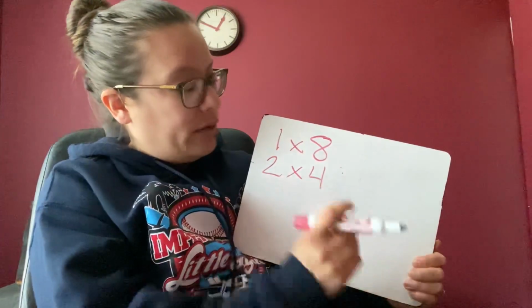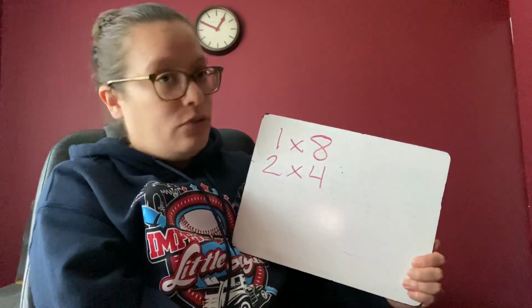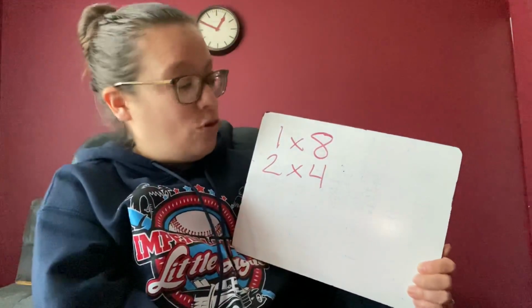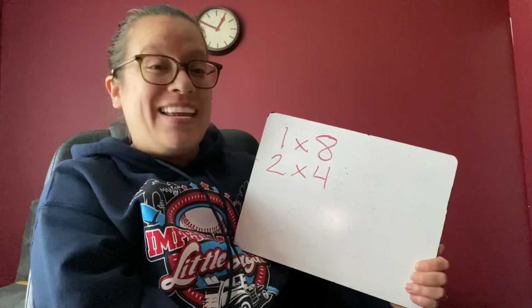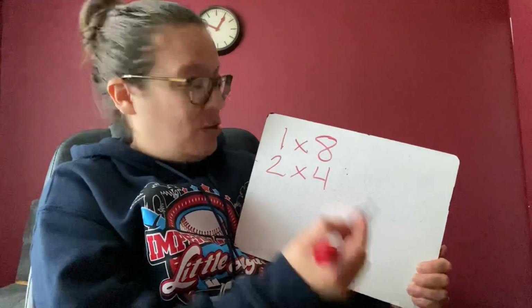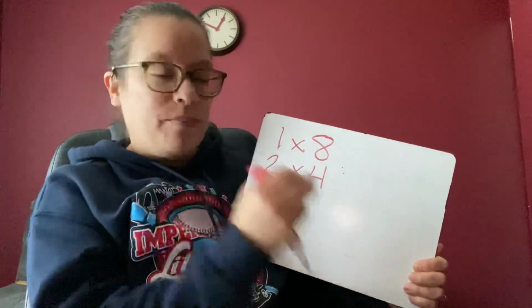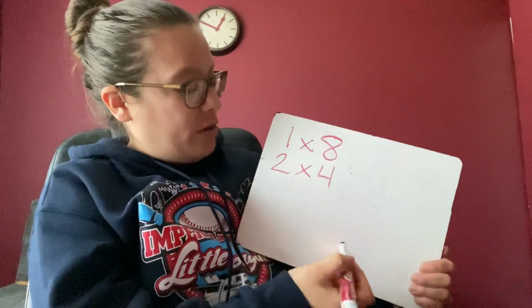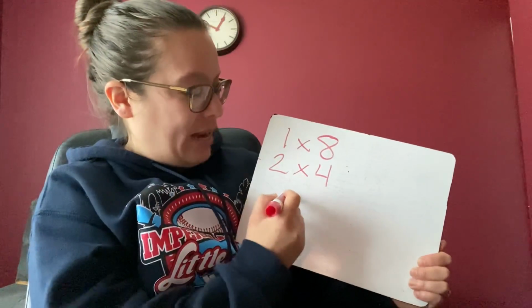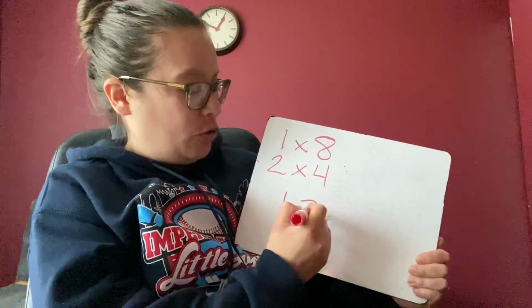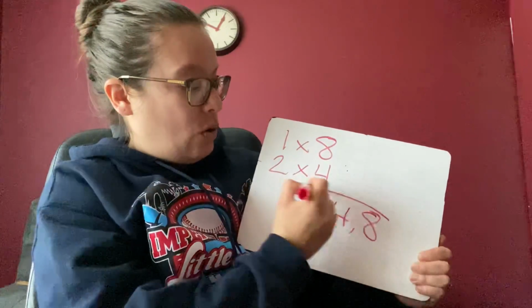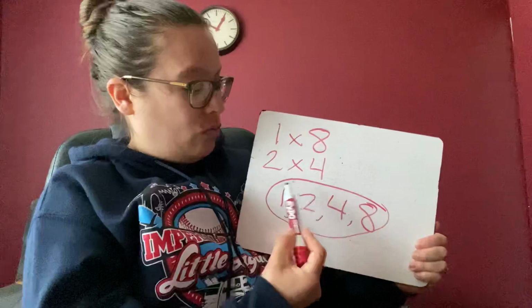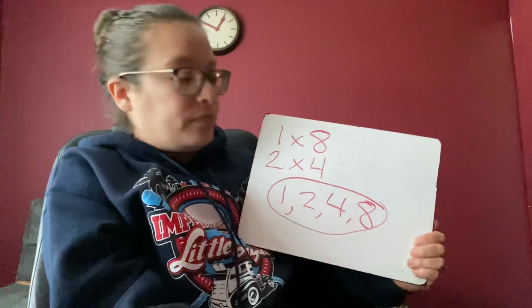We already have 4 here. 5. Nope. 6. Nope. 7. We have 8 here. So how many factors are there of 8? 4. Let's write them in order. The 4 factors of 8 are 1, 2, 4, 8. Remember to write them in order. 1, 2, 4, 8.